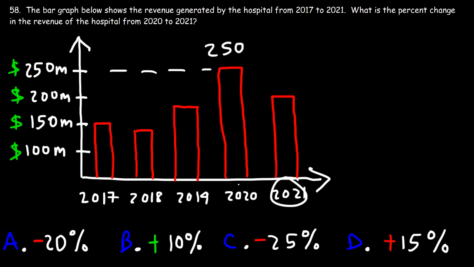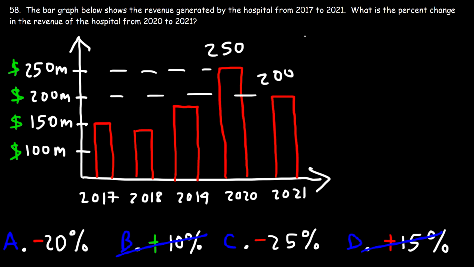And in 2021, the revenue is approximately 200 million. So the revenue went down. So we're dealing with a percent decrease and not a percent increase. So the percent change has to be negative, which means we can eliminate answer choice B and D as well. So we're between answer choice A and C.